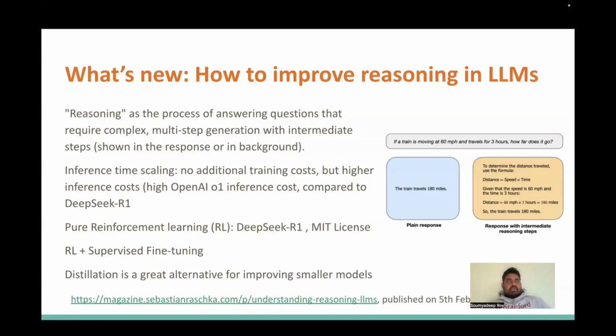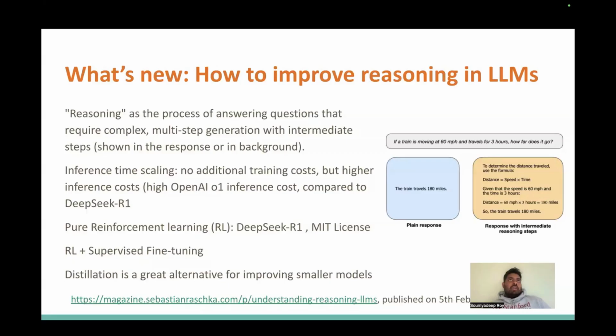Next, the third setup that is considered to work very well is reinforcement learning plus supervised fine-tuning. This is instead of just a pure reinforcement learning setup, which may take much longer to converge. Finally, we have distillation setups.